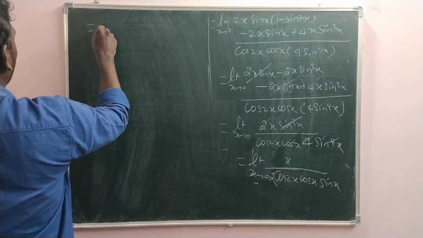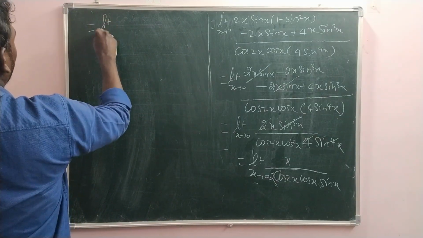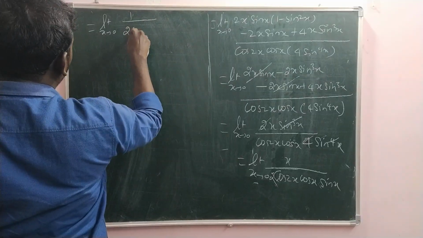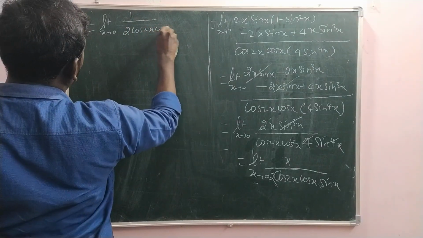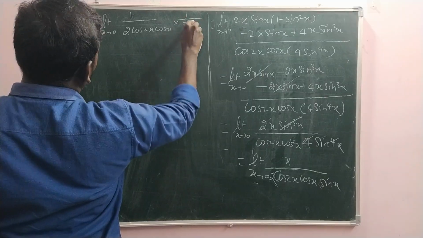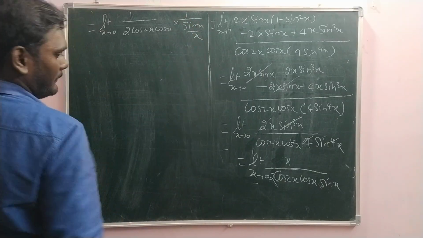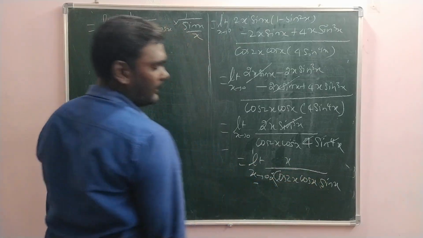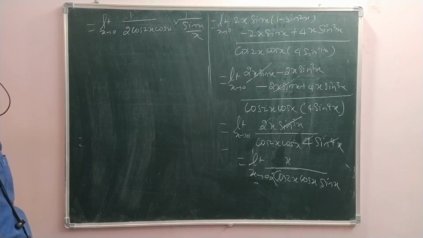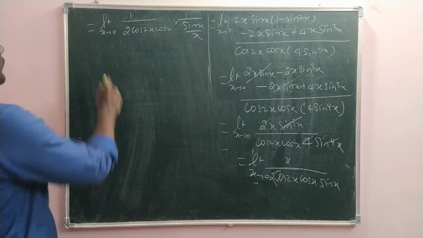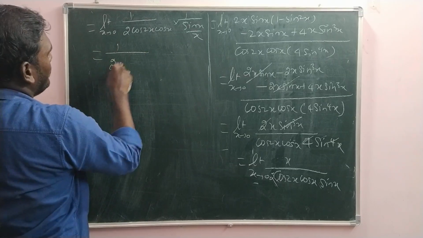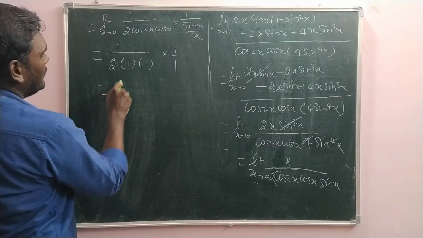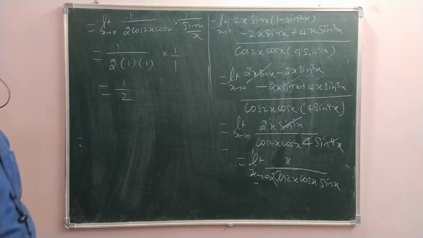Then this is limit x tends to 0, 1 by 2 cos 2x cos x into 1 by sin x by x, shall we say. This x goes to the denominator by x. Now if x approaches 0, 1 by 2 into cos 0 is 1, this cos 0 is 1, this is 1 by 1. The answer is 1 by 2.